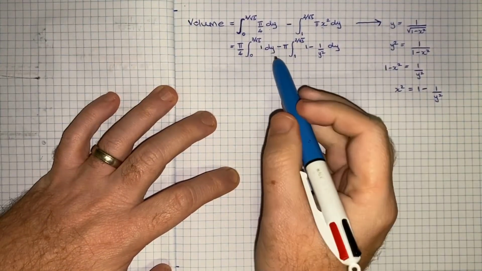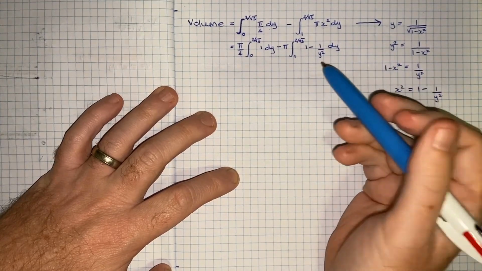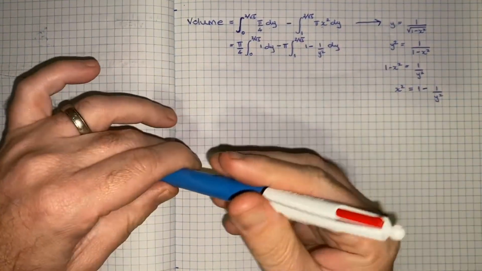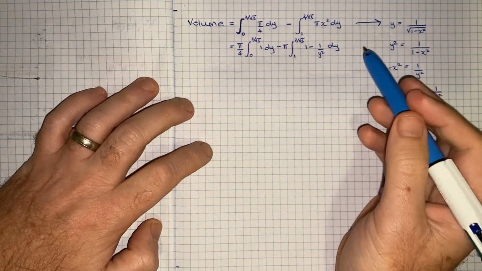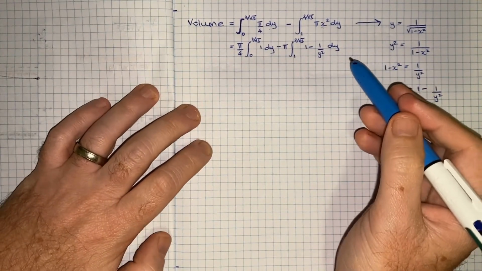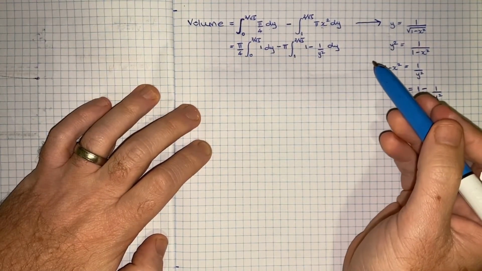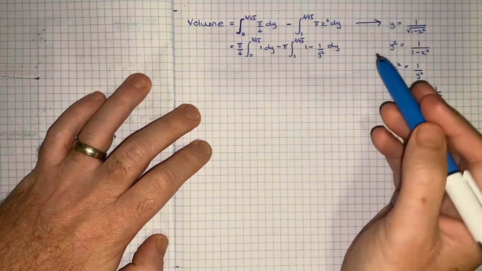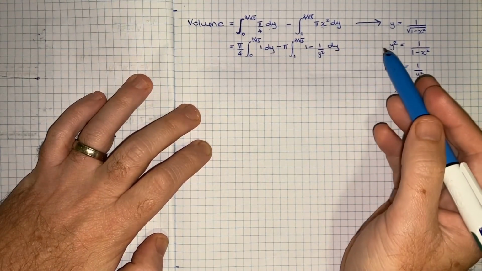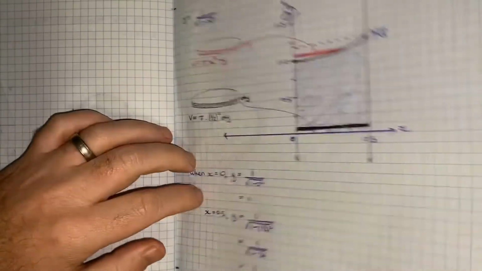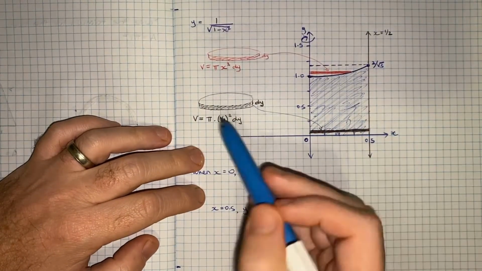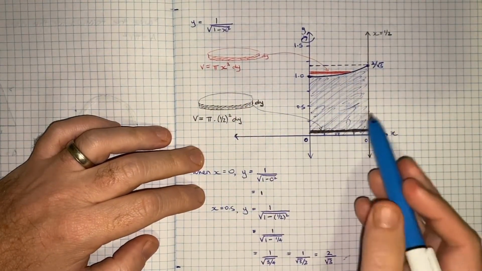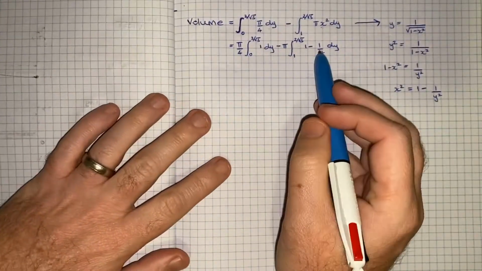And thankfully, neither of these integrals are particularly hard to integrate. I think that's, in my experience, typically the case with Extension 1 or 3 unit. Most of the time they'll be nice enough to really test your understanding of the technique of slices, but give you curves that shouldn't be too hard to integrate.